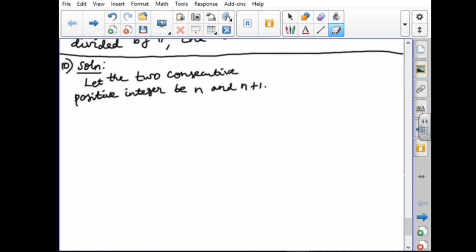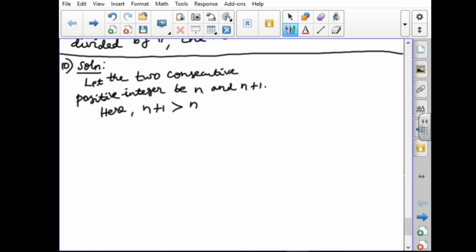Next, we have to compare these two, n and n plus 1. Here, which is greater? Suppose you assume n equal to 1, then this is 1 and this is 1 plus 1 equal to 2. So n plus 1 is greater. So you have to write here: n plus 1 is greater than n.